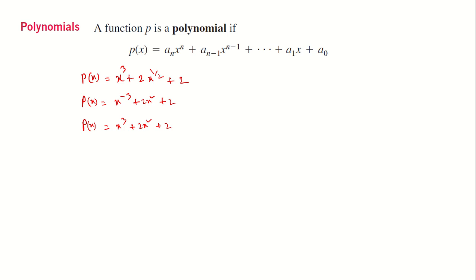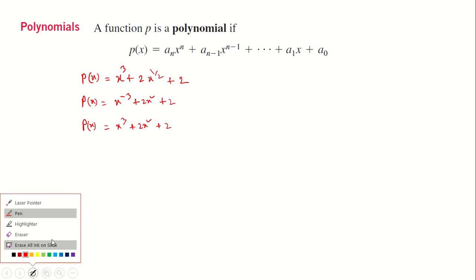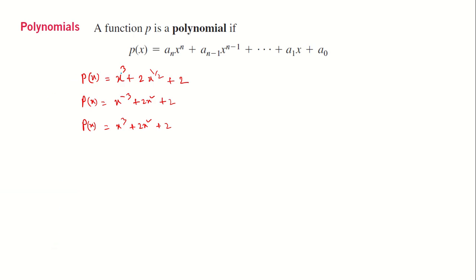So I have written here three different expressions. Can you identify which one is a polynomial? You're saying the first one and third one, the second one is not. Why is the second one not a polynomial?